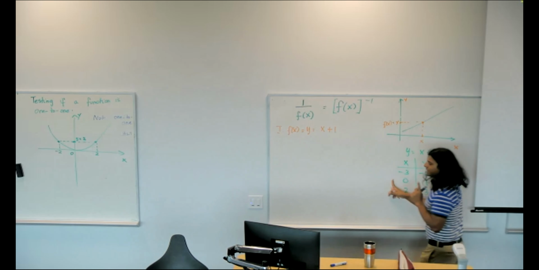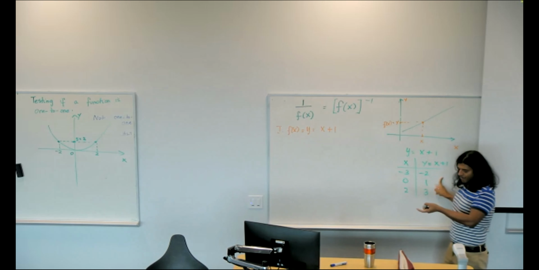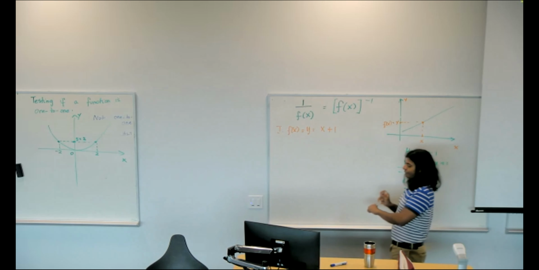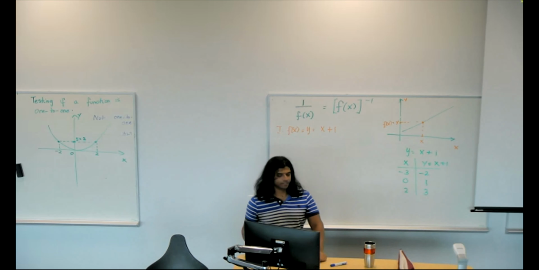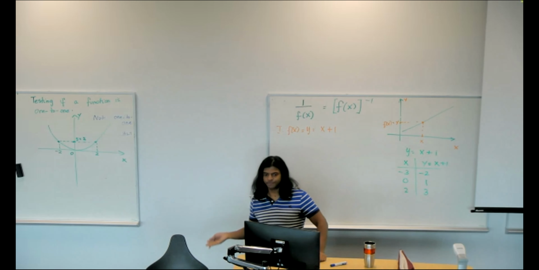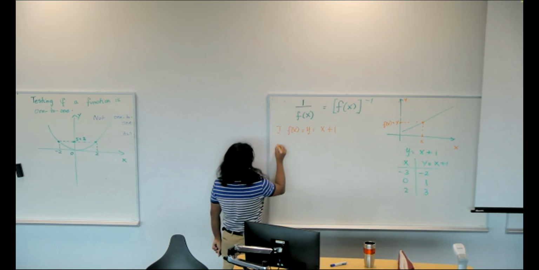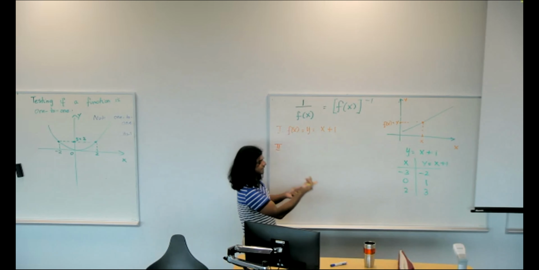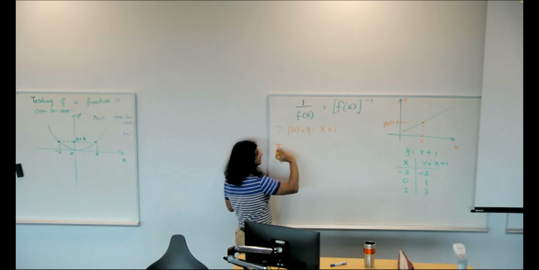I plugged in -3, got -2, and then I asked you, well, if you plug in -2 for y and you solve for x, what will you get? And you gave me -3. Yes? So we have to go backwards. We have to look at it from another side. So flip x and y.